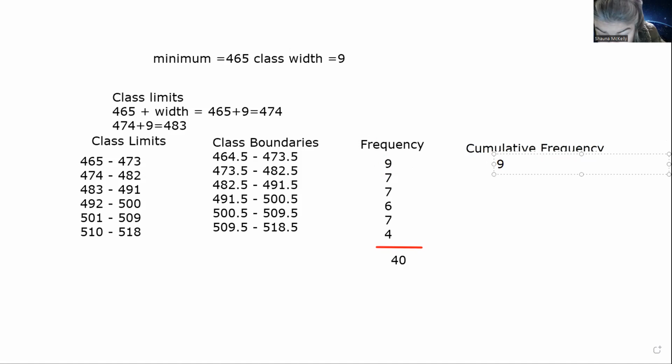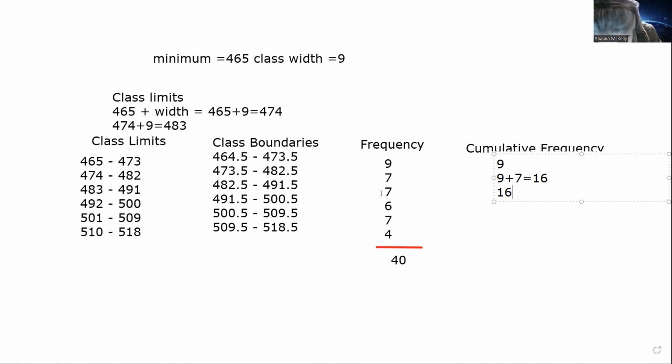Then what we do to get the next one is we add this 9 that we started with to the frequency below it. So you get 9 plus 7 is 16. Okay. Then you take the cumulative frequency that you got, 16, and add the frequency below that, which is 7.